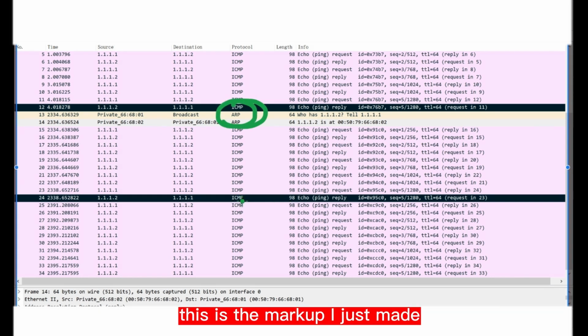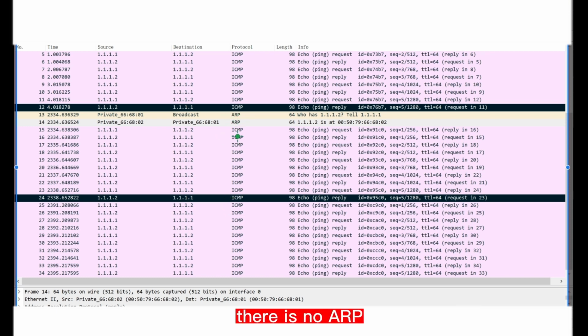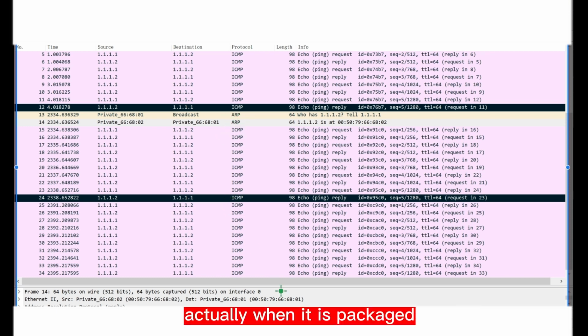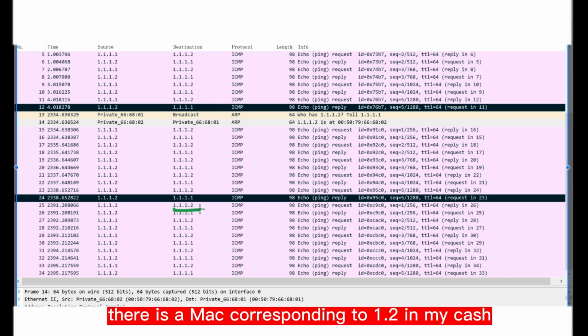This is the markup I just made. The only thing left is the message of the ping command just sent. There is no ARP. Actually, when it is packaged, I have found that there is a MAC corresponding to 1.2 in my cache.